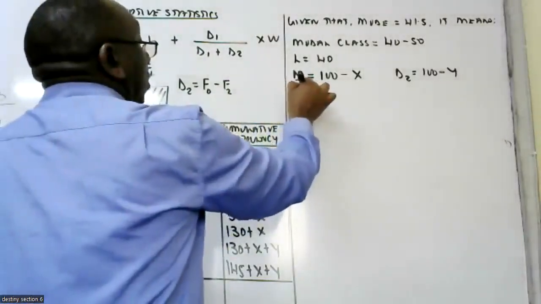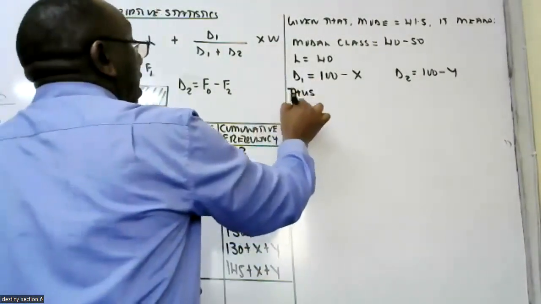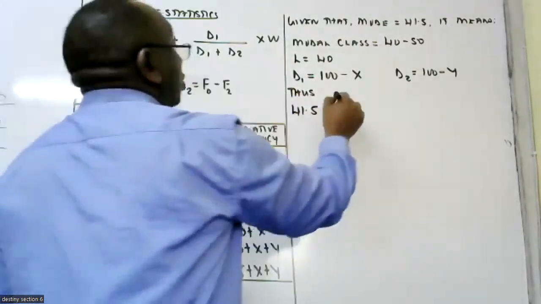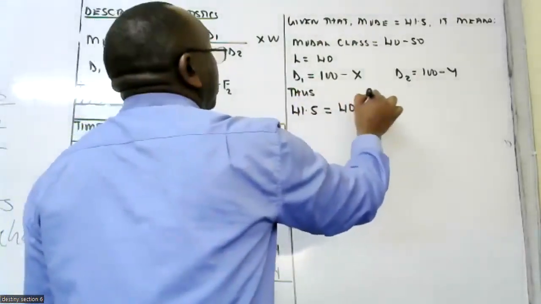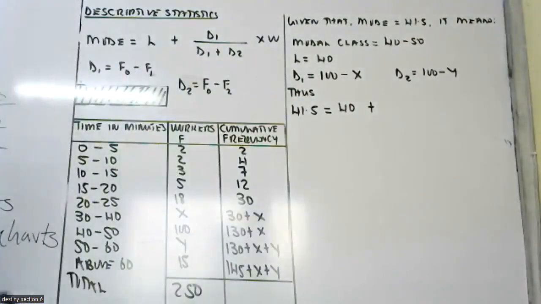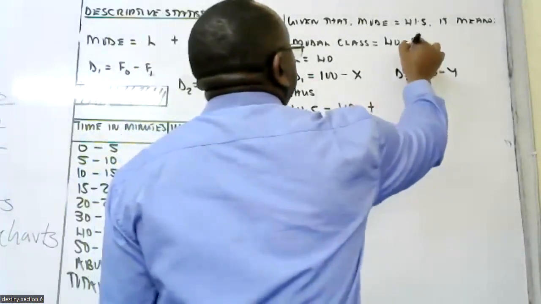Thus, we come here and say 41.5, according to our formula, should be L, which is 40, plus D1. I should have said W is 10.